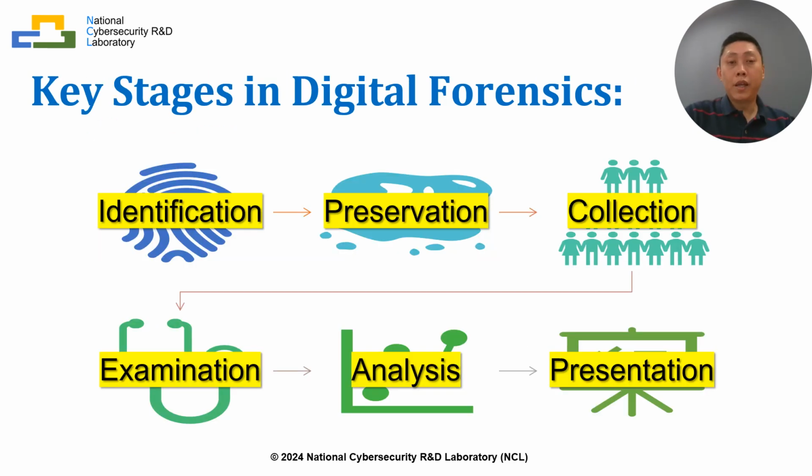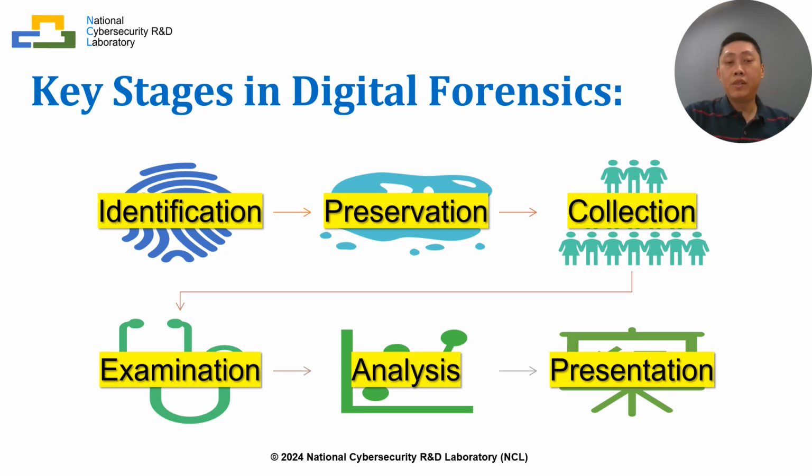Now we come to the second topic of our session today, key stages in digital forensics. Now remember, each stage of the digital forensic process is crucial for ensuring the integrity, reliability, and admissibility of digital evidence in legal proceedings and investigative processes. So first, we need to have a proper identification of evidence.